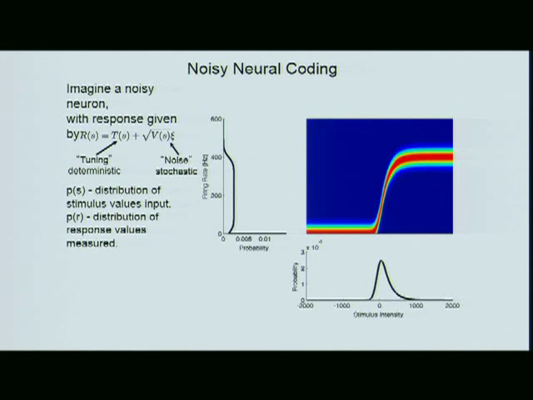If you give stimulus values from this distribution for a really long time, and keep collecting all the response values, and make a histogram of the probability of the response, you're going to get a big distribution like this. That's just the response distribution using all possible stimuli.